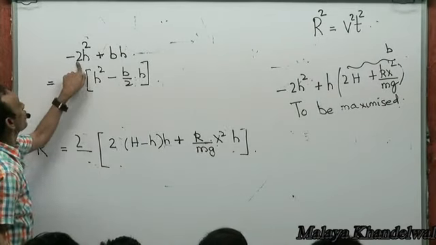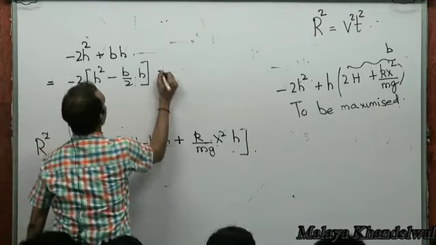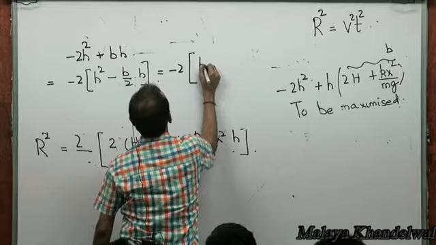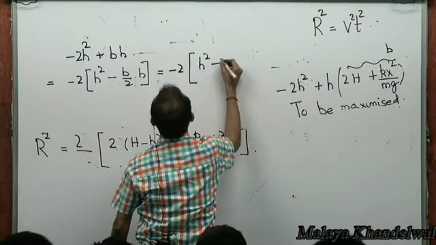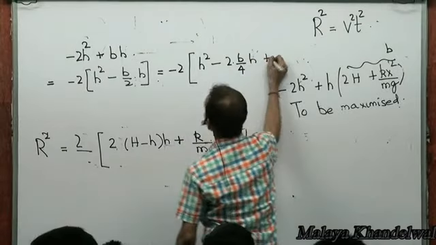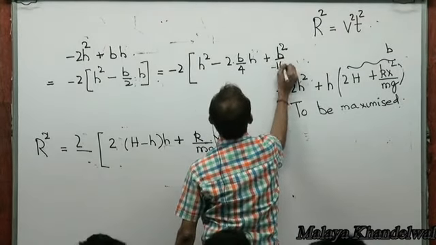See, I took minus 2 common, h squared minus b by 2 into h. I complete the square, h squared minus 2 into b by 4 into h plus b squared by 16. I hope you realize what I have done here.